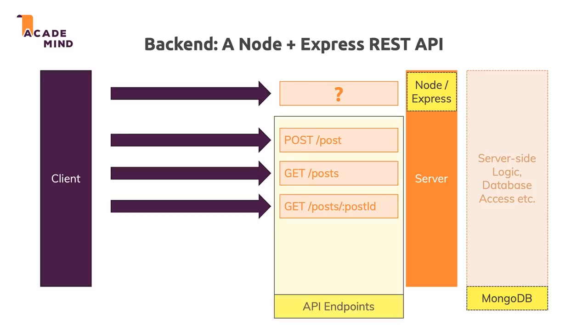These are our so-called API endpoints, and as I mentioned multiple times, it's up to us, the developer of the Node Express REST API, to decide which endpoints we want to support.